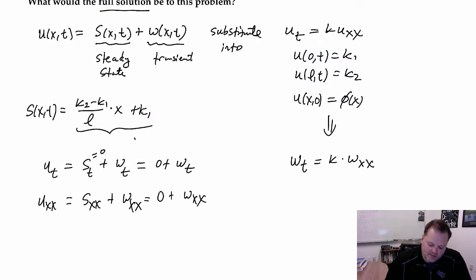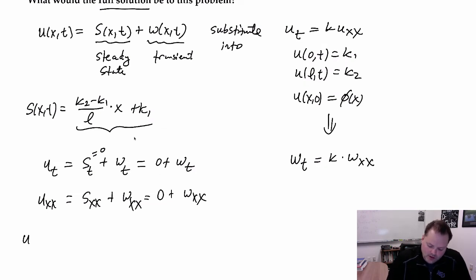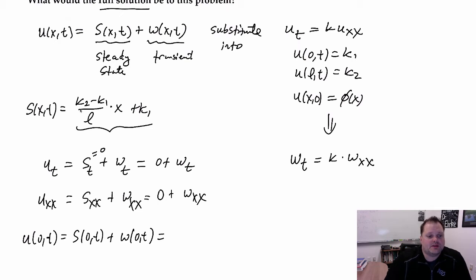What about the boundary conditions? So u of 0,t would be s of 0,t plus w of 0,t. S of 0,t, so if I make x equal to 0 in this condition, then that leaves s of 0,t equal to K1.